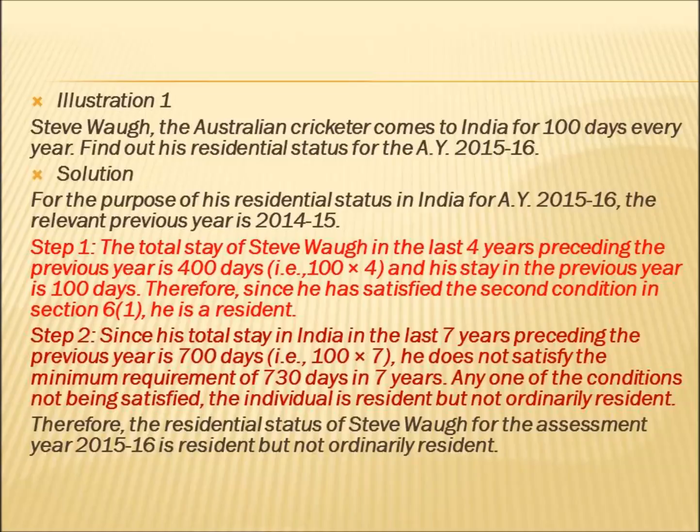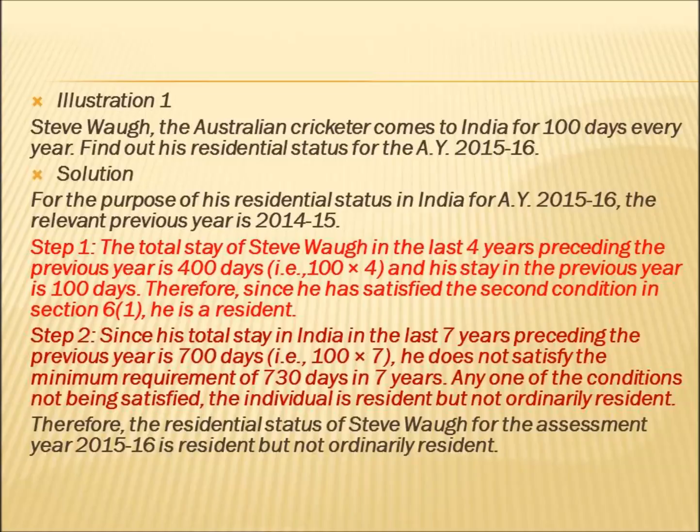The conditions which need to be satisfied to fall under the category of resident. What were they? The individual is said to be resident in India in any previous year if he satisfies any one of the following conditions. Here it was an or condition, either condition 1 or condition 2. If any of those conditions is satisfied, then the assessee will be called a resident.